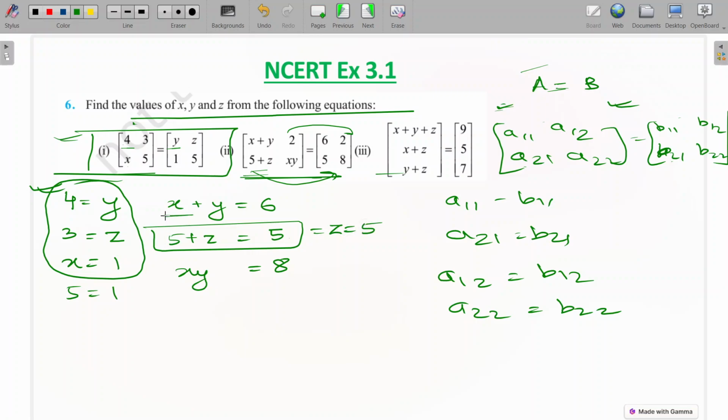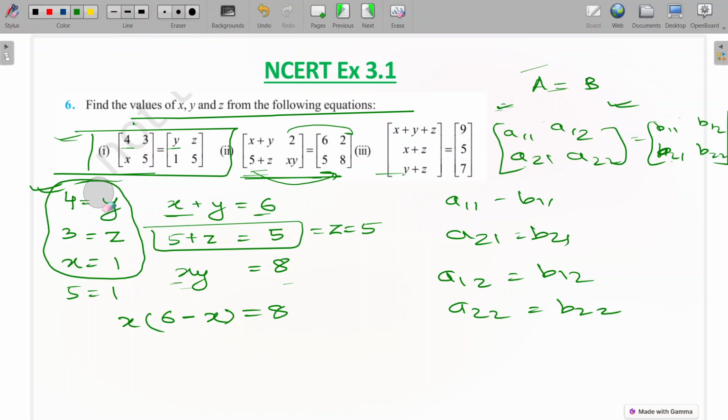Now x plus y is equal to 6 and xy is equal to 8. So we can put the value of x or y from this one in any equation. Suppose we are putting y as 6 minus x, so x into 6 minus x is equal to 8. We can put this value here, and we have to solve this equation.